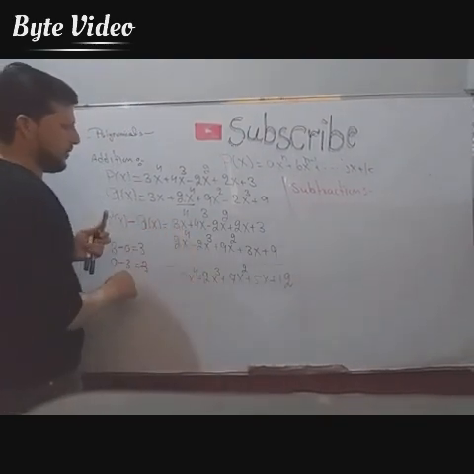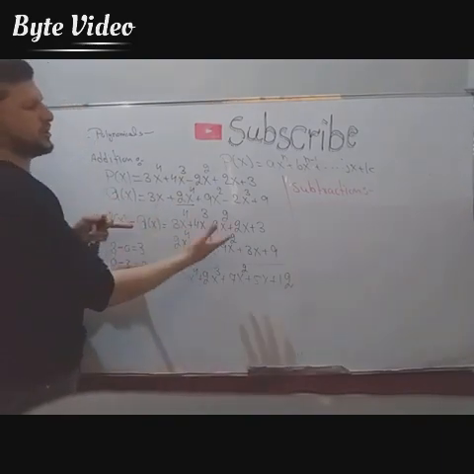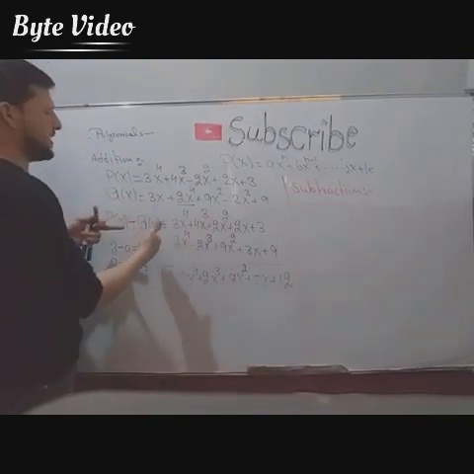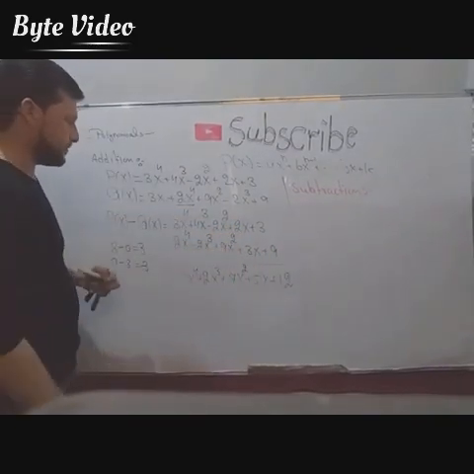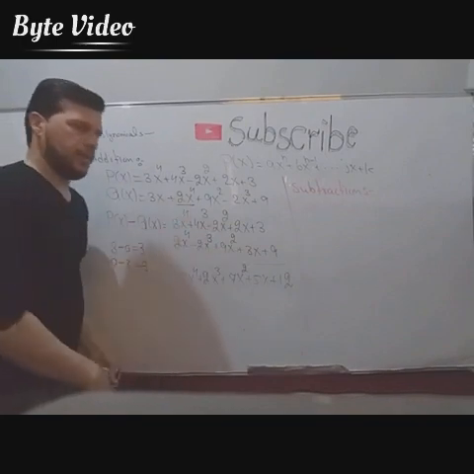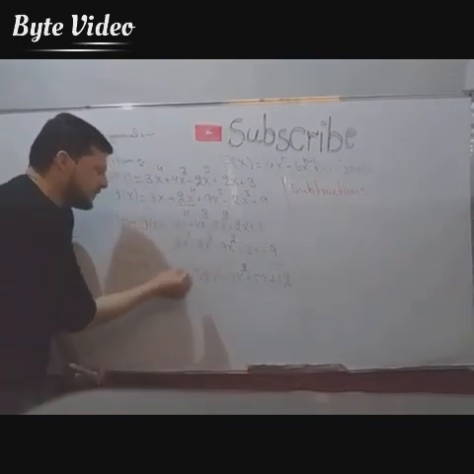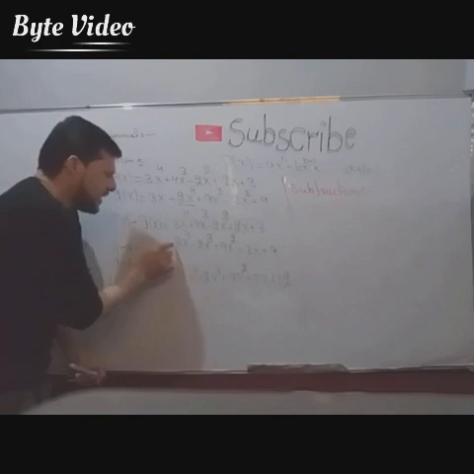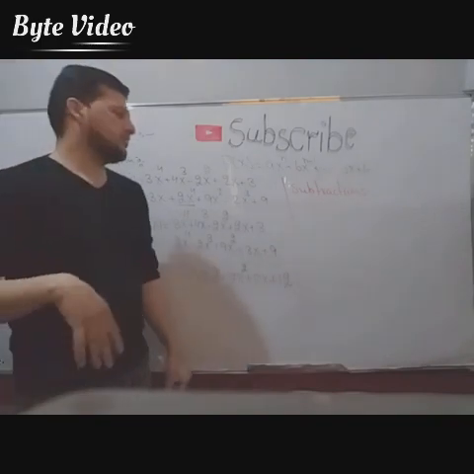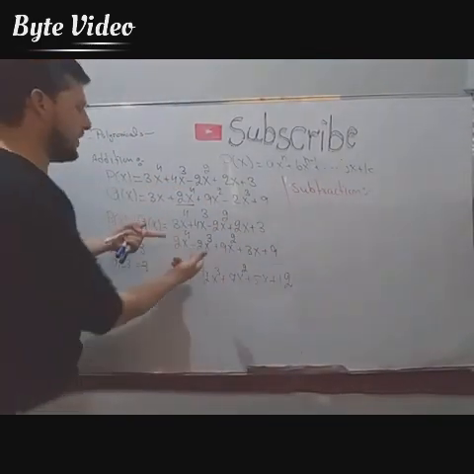Here you have the polynomials. So I'm going to find the difference between these two polynomials. You have the first polynomial. Write the other polynomial below this polynomial as you did in addition. So just say for the second polynomial, you have to change the signs of the second polynomial.